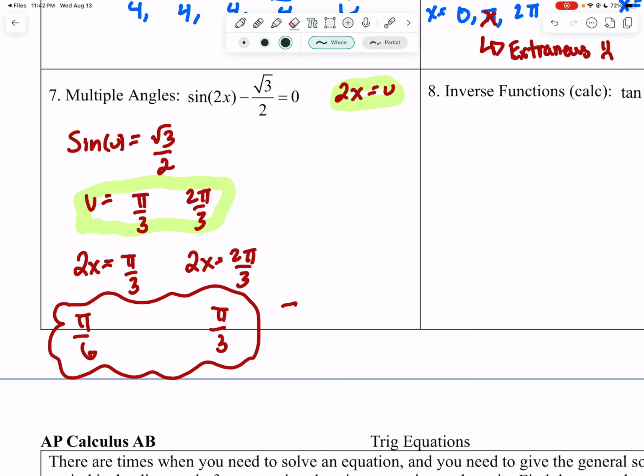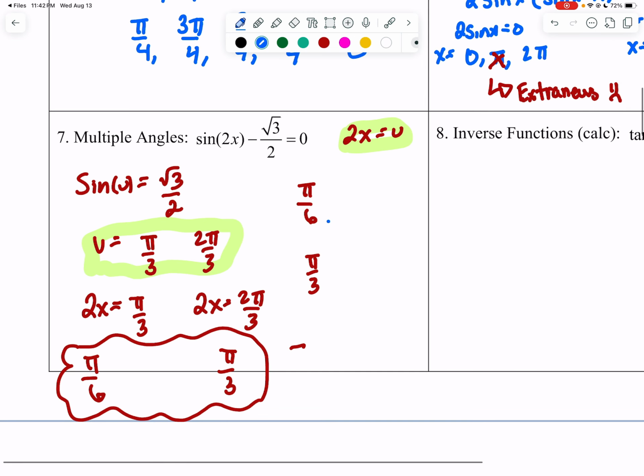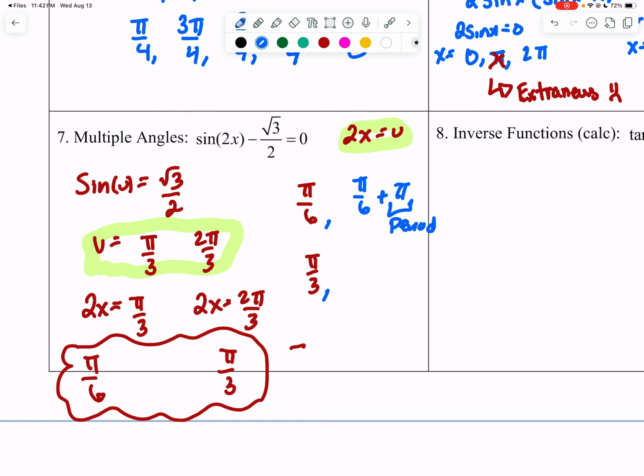So here is pi over 6, pi over 3, and then I'm going to have pi over 6 plus pi, since that was my period, and then pi over 3 plus pi, because this was my period.